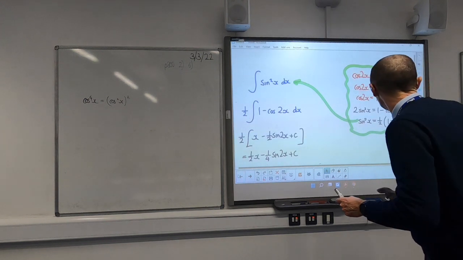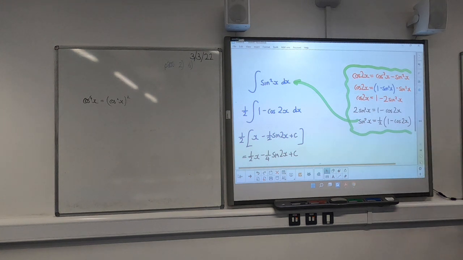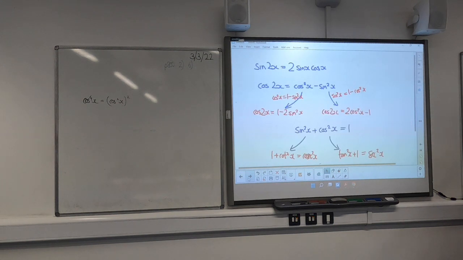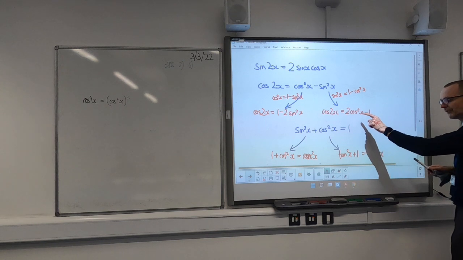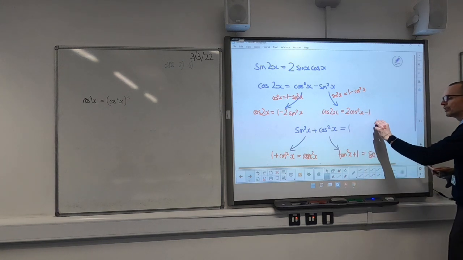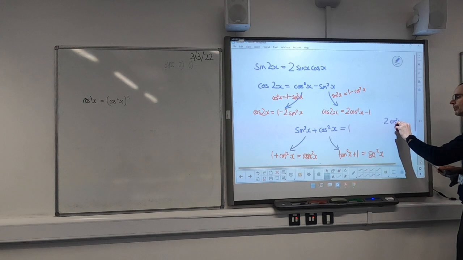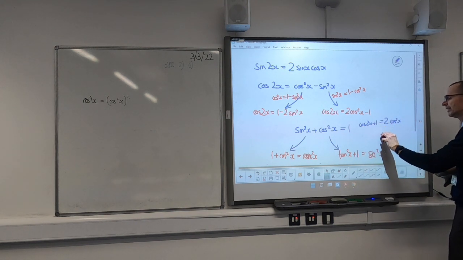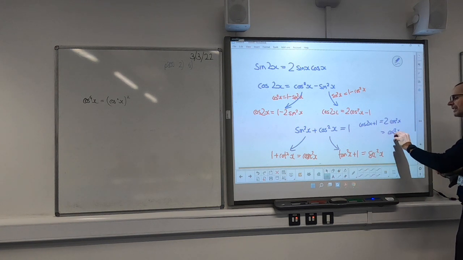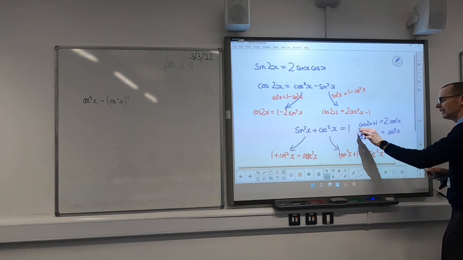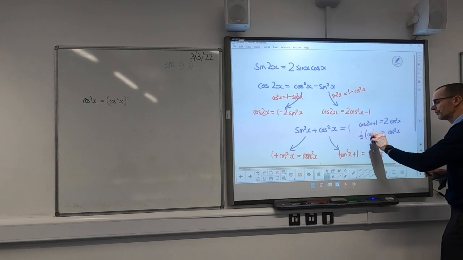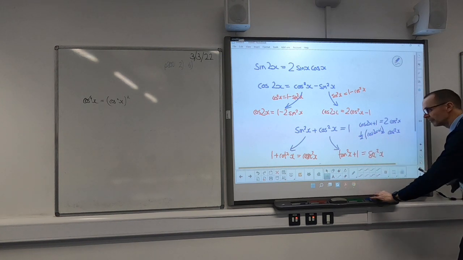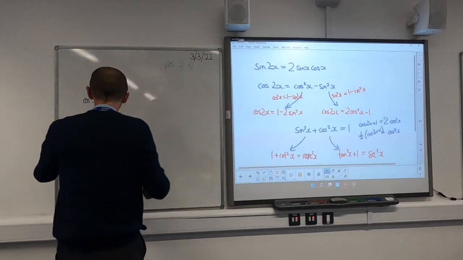This is the substitution for sine squared, so I've got to use the alternative one for cos squared. So let's go to our list of identities. Here we go. If I pick up with that one, 2 cos squared x is cos 2x plus 1. So cos squared x is a half of that. So let's write that in there.